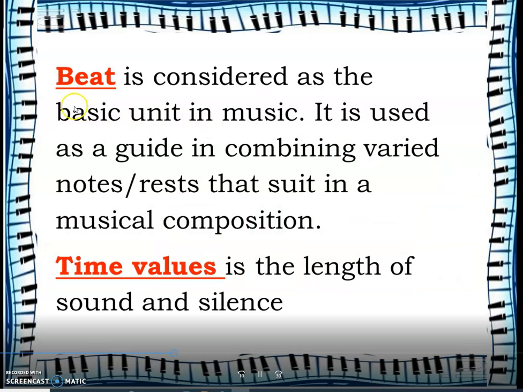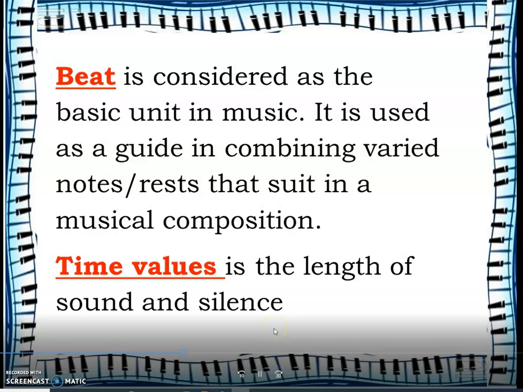Now, let's go to the beats. Beat is considered as the basic unit in music. It is used as a guide in combining varied notes and rests that suit a musical composition. Now, what are the time values? Time value is the length of sound and silence.